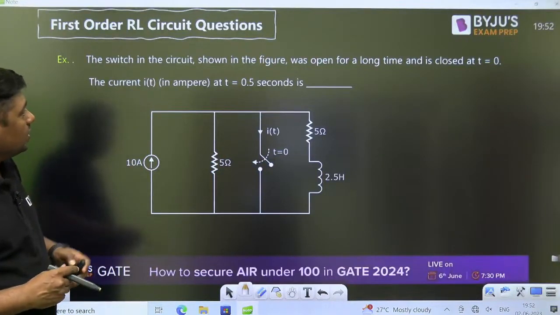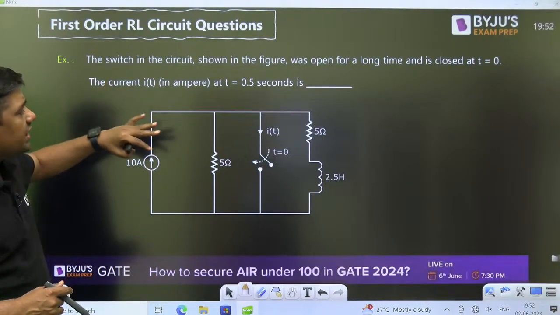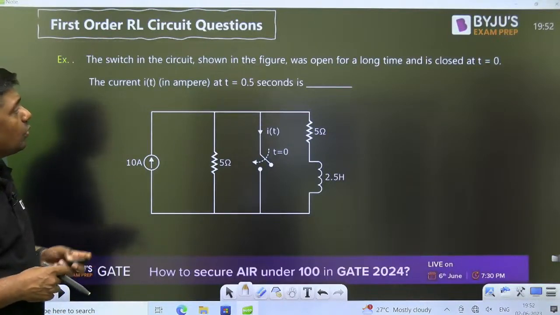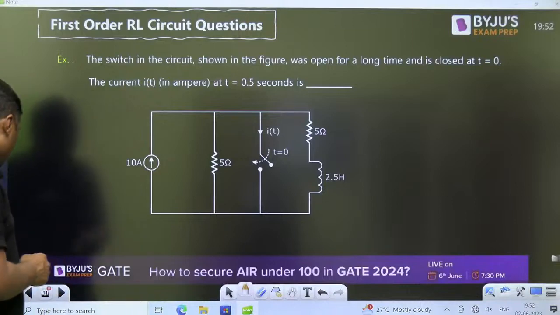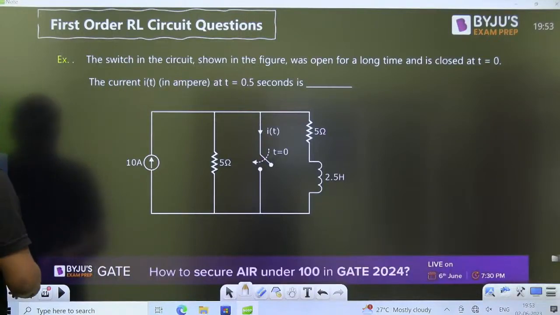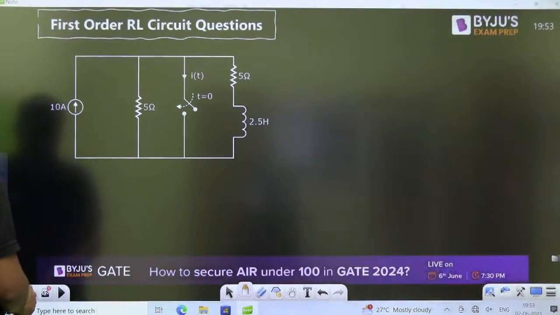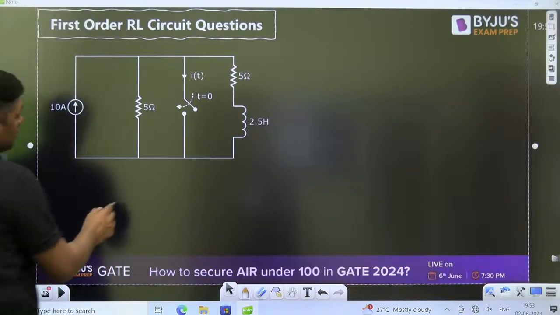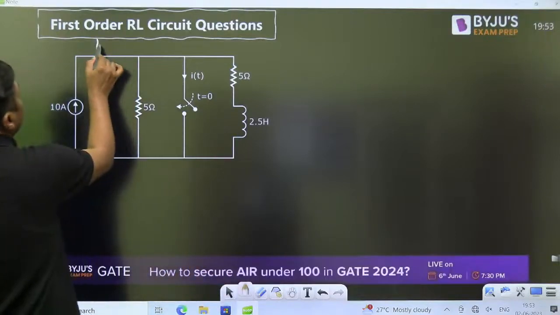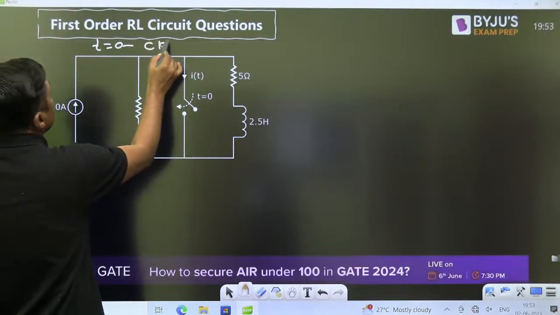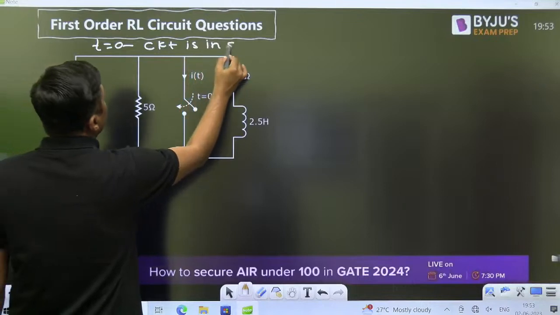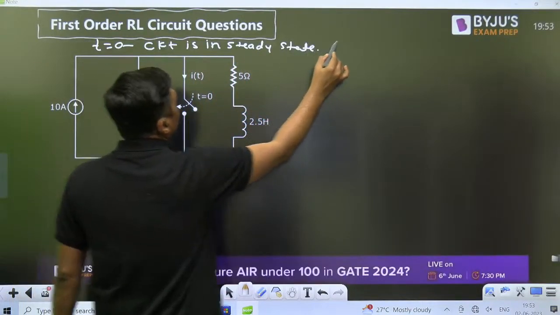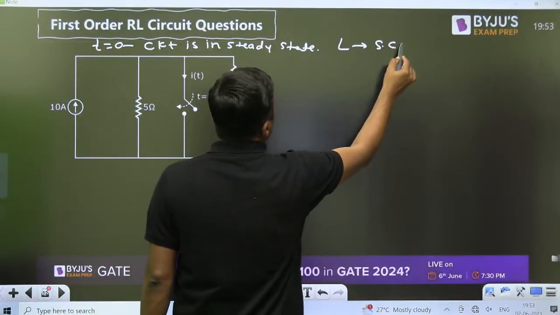Okay. So when we are saying that it is closed at t equal to 0, means what? It is open for long time. Written here open for long time. So when it is open for long time, then circuit will reach to what? Steady state. At t equal to 0 negative, circuit is in steady state with inductor act as short circuit.